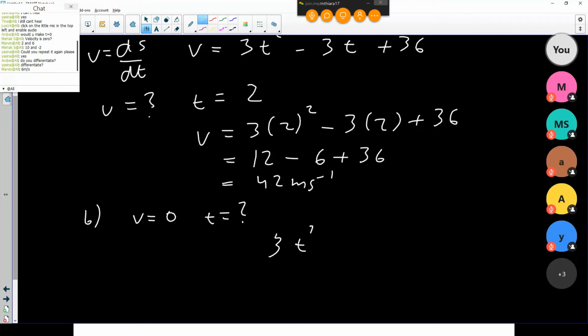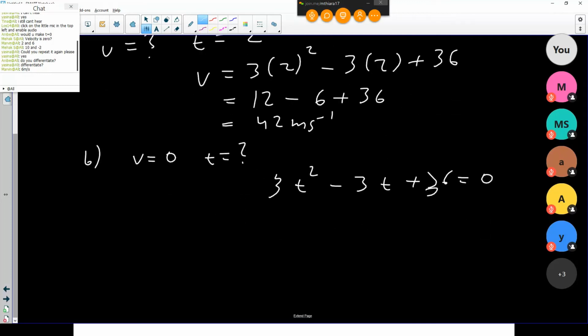So all I'm going to do is write down 3t squared minus 3t plus 36 is equal to 0, and from here I'll factorize the 3 out, so I've got t squared minus t plus 12 equals 0.